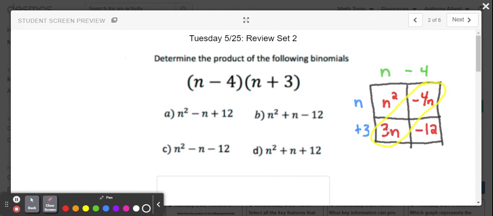So when I write this out, I'm going to start with the upper left and work down, and I'm going to say n squared. 3n minus 4n is -n, and then minus 12 is -12. N squared minus n minus 12. This one right here.